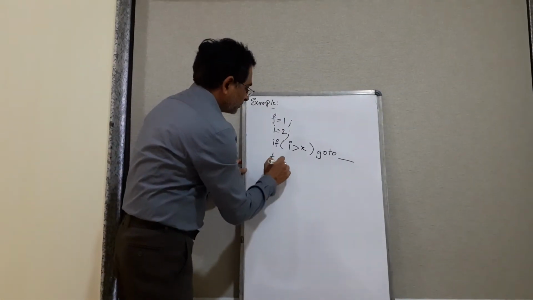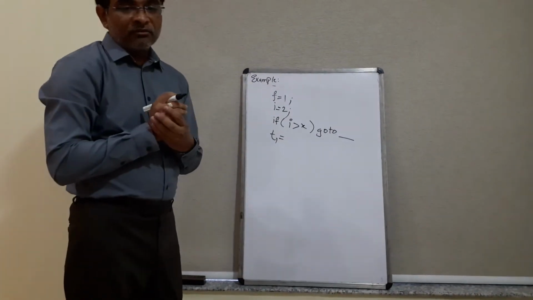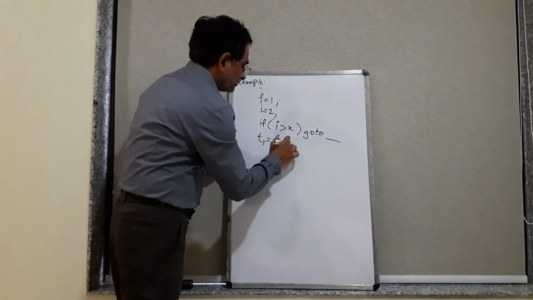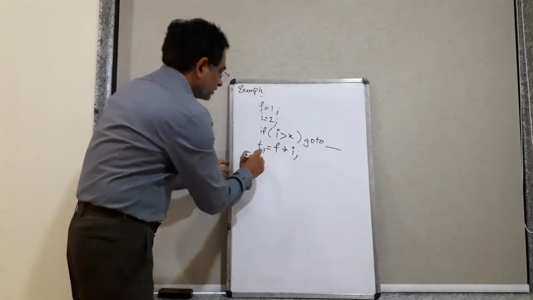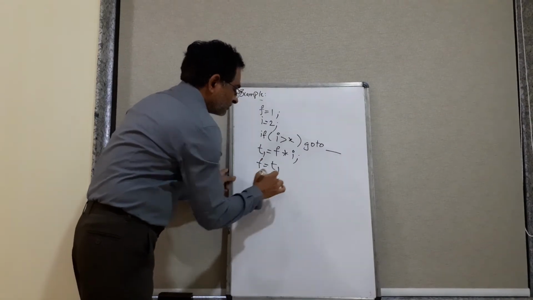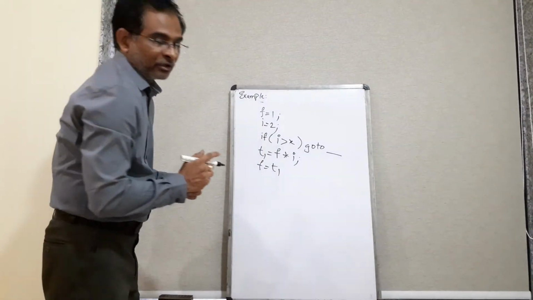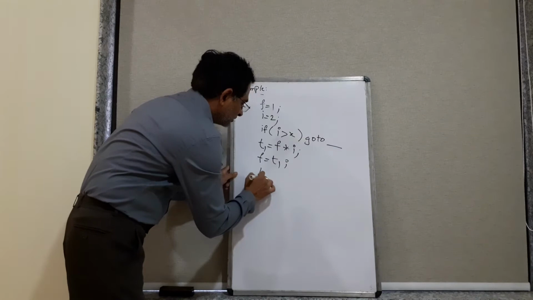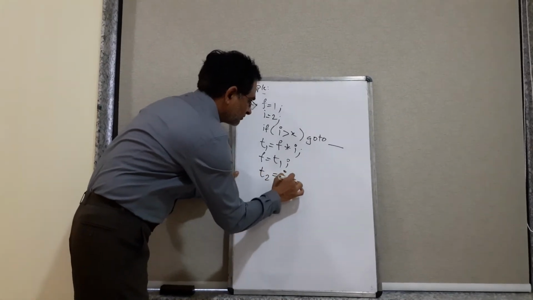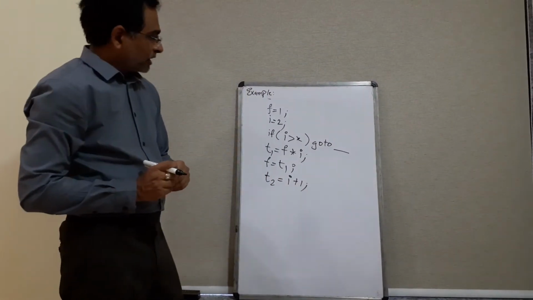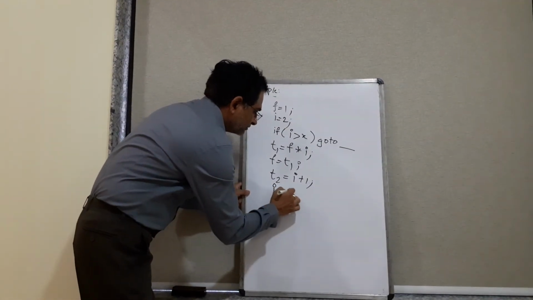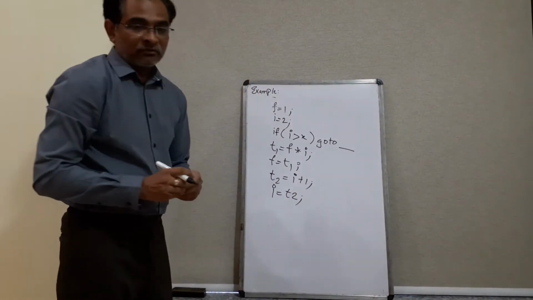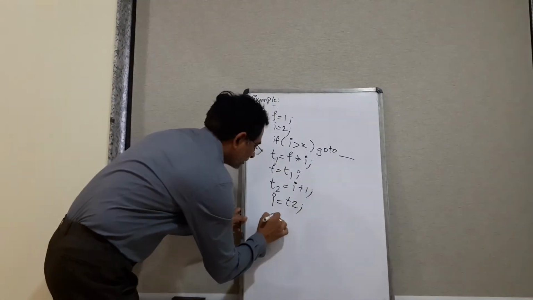T1 is equal to f into i, and f is equal to T1, T2 is equal to i plus 1, and i is equal to T2. Then what will be the next thing? Go to, let's say, something.